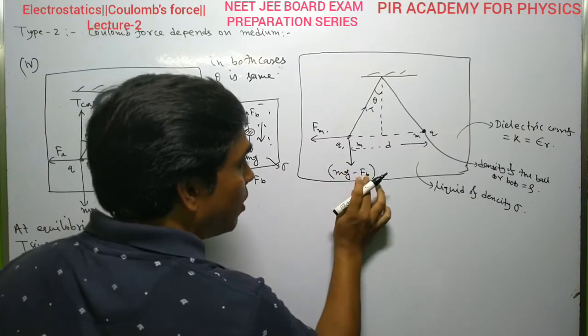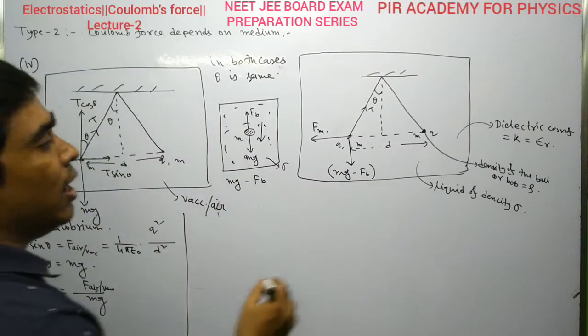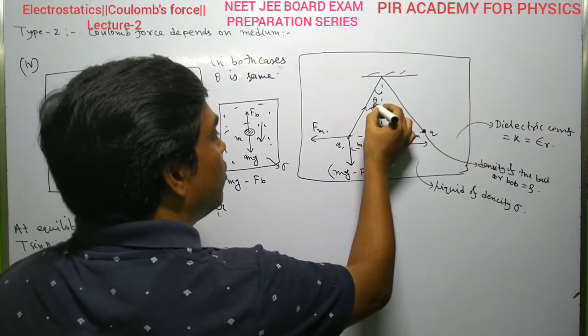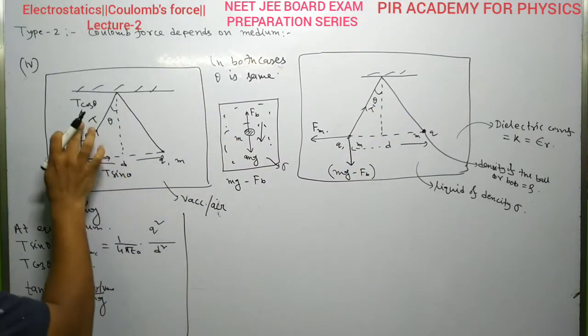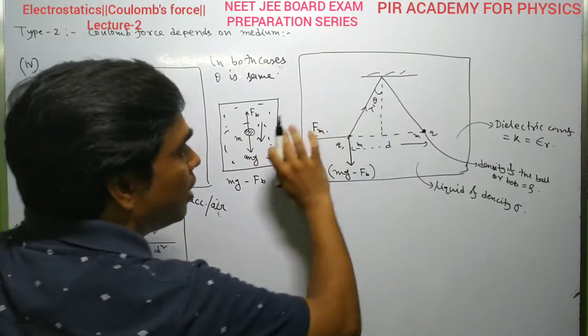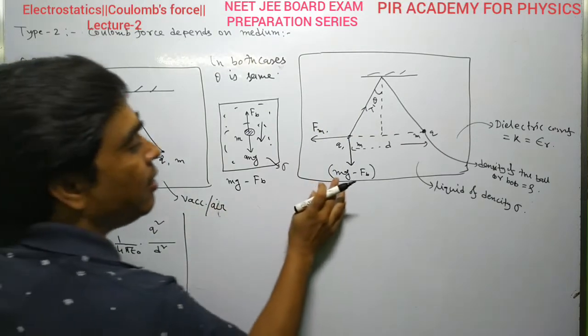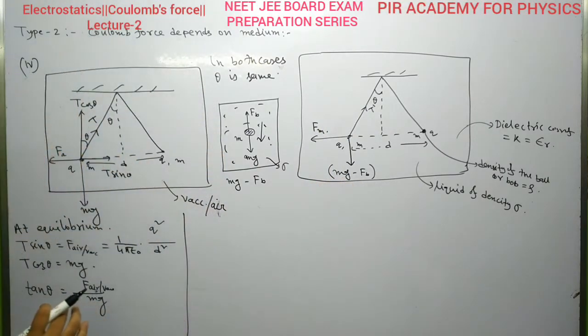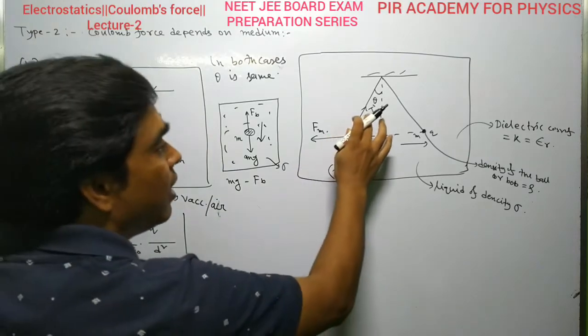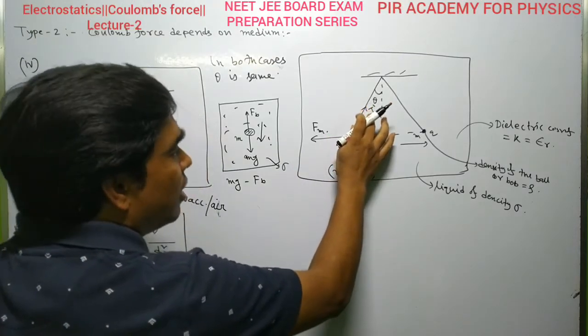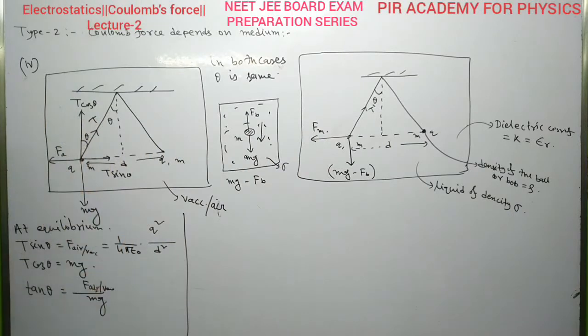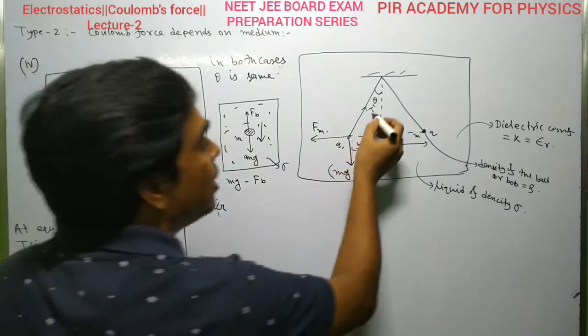You have to calculate the buoyancy force. Then this tension must be T dash, because here it is mg and here it is mg minus F of b, the buoyancy force. So the tension is not equal to the earlier tension; this is T dash.